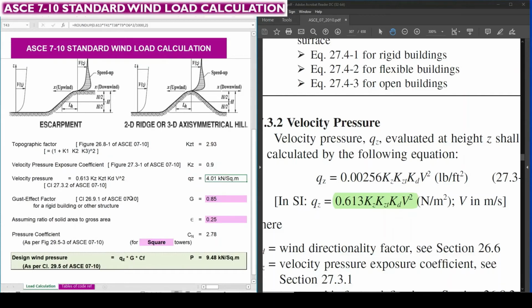Next one is we need to find out the Gust effect factor. For that, clause 26.9.1 of ASCE 7 is to be referred. So page number 301 is to be referred.